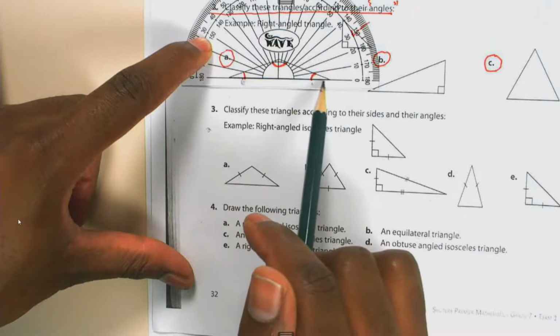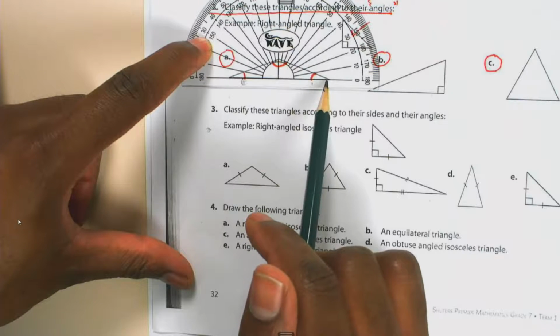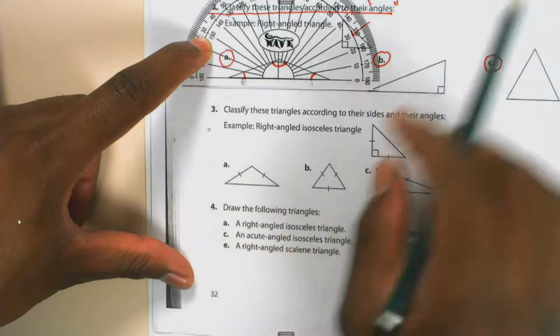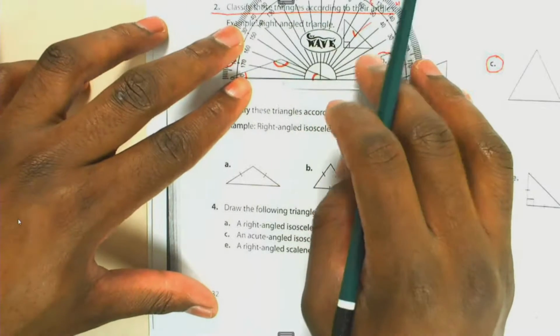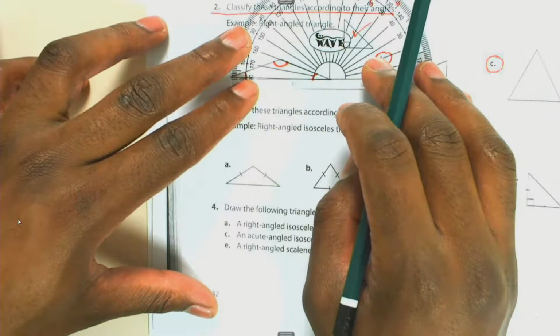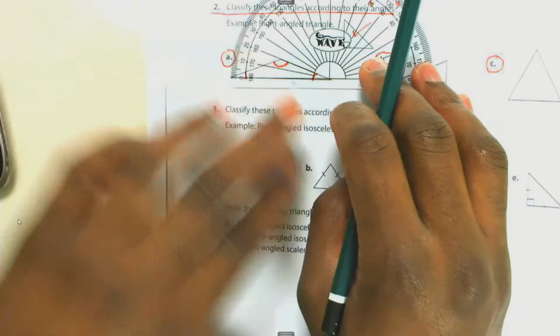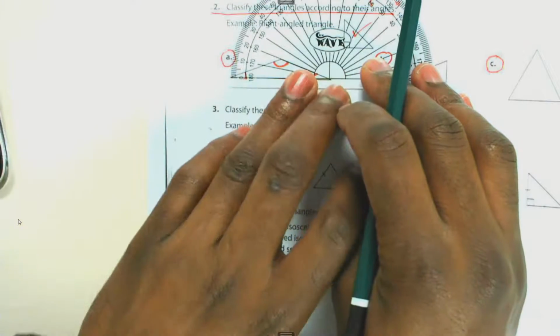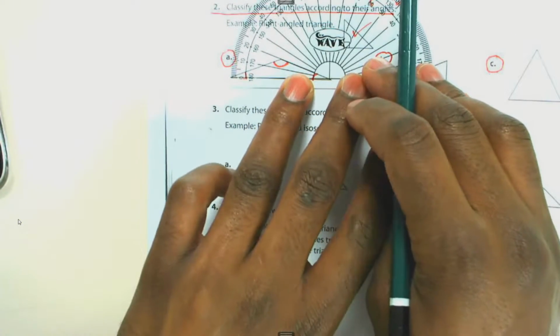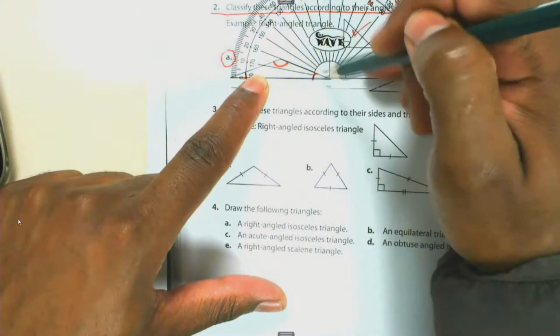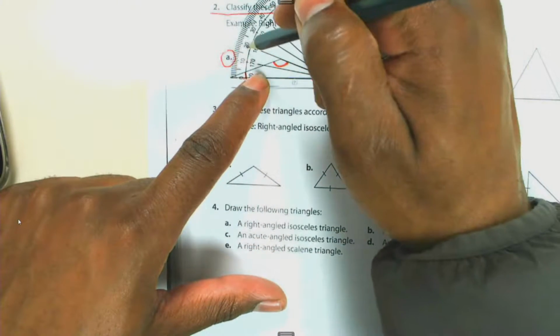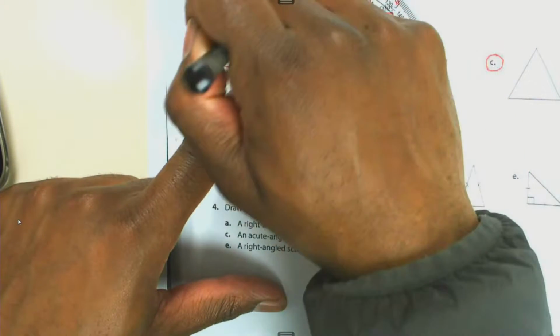Now, when you measure this angle, if we measure this one anti-clockwise, from here to here we have 20 degrees.